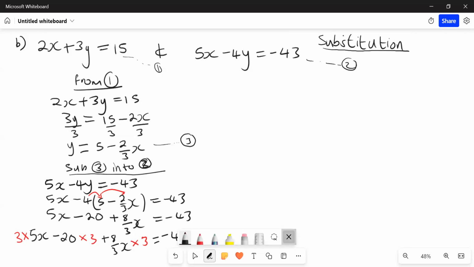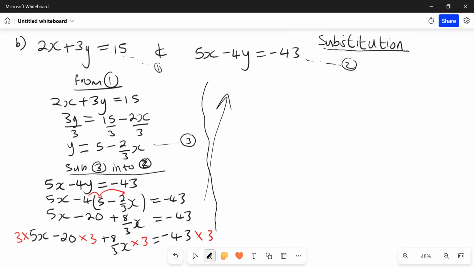What do we get when we multiply? Let me continue on this side. We get 15x, perfect, minus our 60. Remember, 3 times negative 20.